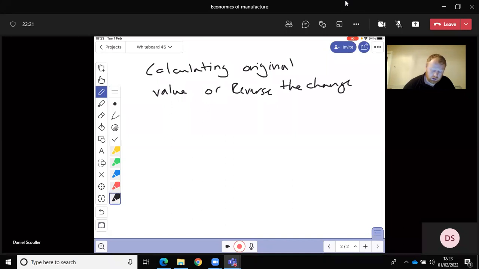Let's see it written both ways. We're given a value, and it's showing a percentage change. You often see this if something's been on sale. You'll see it at 75% of the original cost or whatever it is, or 25% off. So an example.